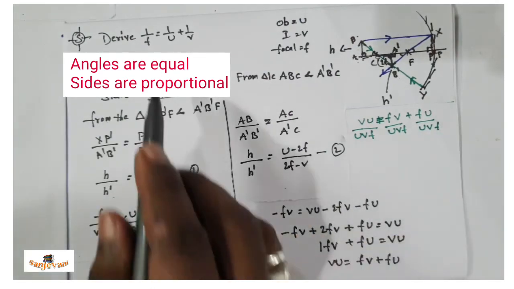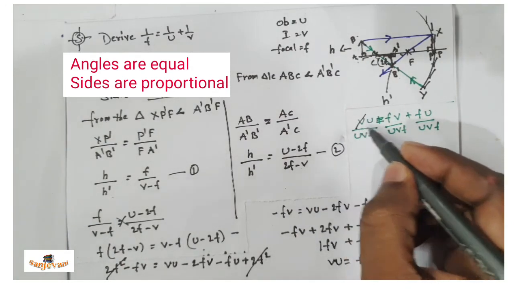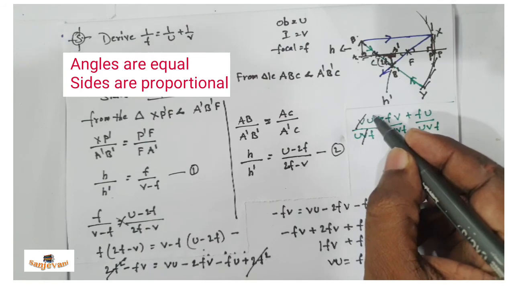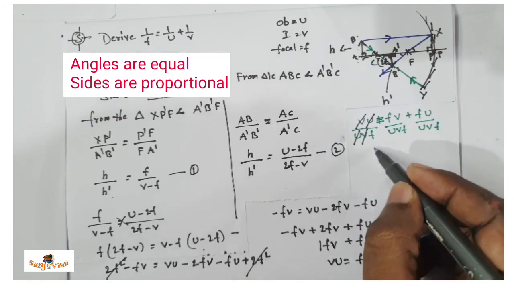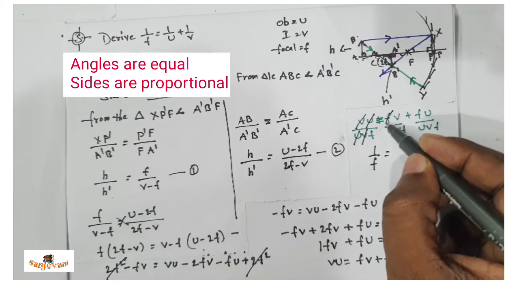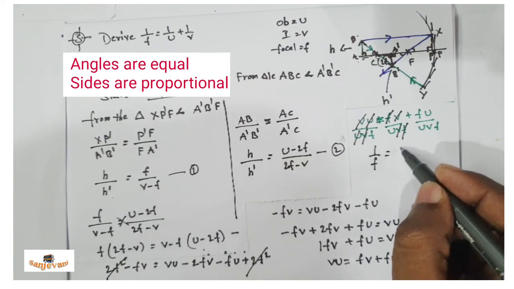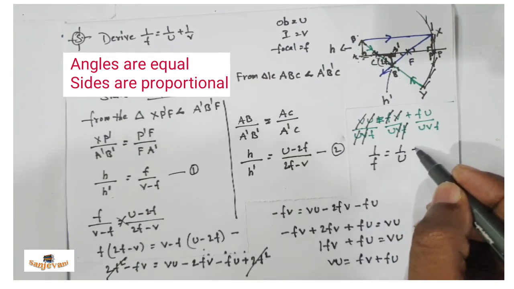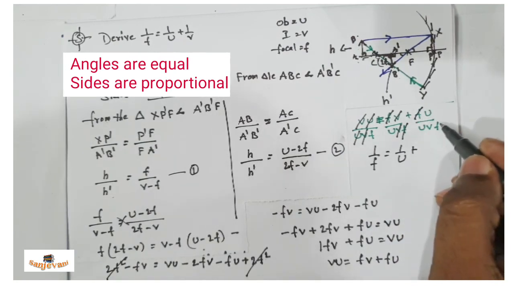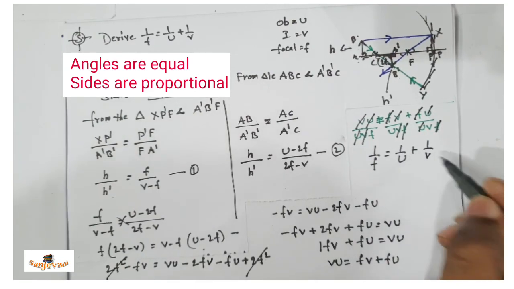Why? Because to get this form, here what will get cancelled? In vu, u gets cancelled. What is left? 1 by f is left here. Next, f gets cancelled, v gets cancelled. What is left here? 1 by u. Plus, f gets cancelled, u gets cancelled. What is left? 1 by v is left.